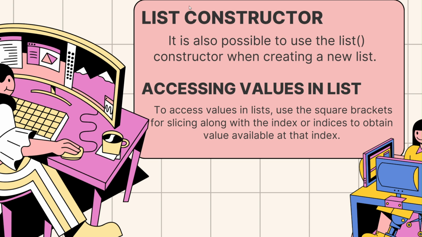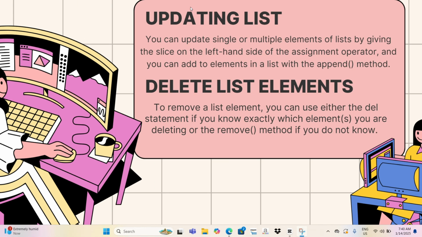Accessing values in list. To access values in a list, use the square brackets for slicing along with the index or indices to obtain the value available in the index. Updating list. We can update single or multiple elements of a list by giving the slice on the left-hand side of the assignment operator, and you can add elements in a list with the append method.